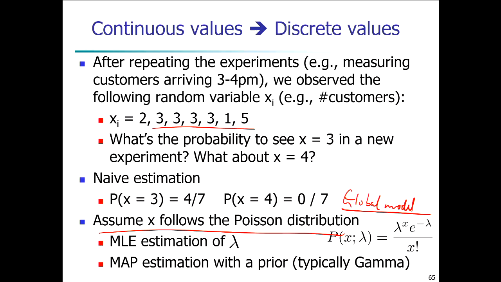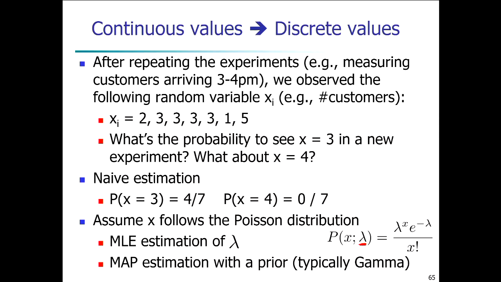The PDF is written there, but I'm not going to talk too much about it. Essentially, the parameter we need to choose is lambda. This is almost like an average. I forgot whether this is the average; I think this should be the average number of customers arrived during the fixed time interval.